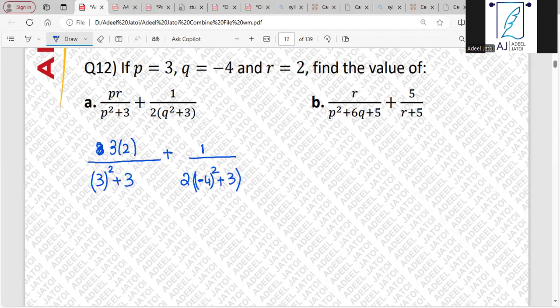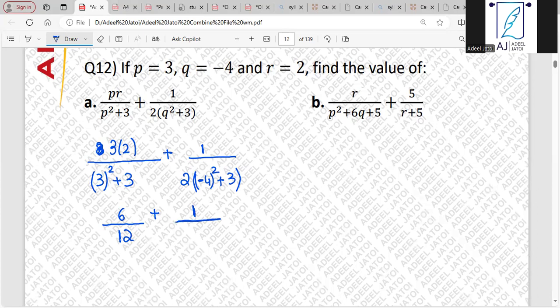So now what we need to do is 3 multiplied by 2 is 6, and this would be 3 squared is 9. 9 plus 3 will become 12 plus 1, right? 1 is there. So minus 4 square is 16, right? Minus 4 Q is minus 4.